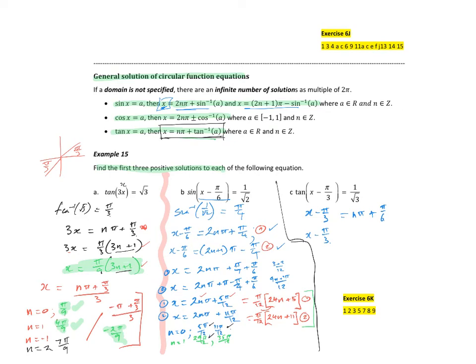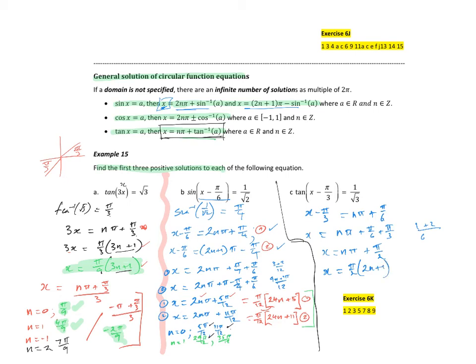So x is equal to n pi plus pi on 6 plus pi on 3. Common denominator, so it becomes 1 plus 2. So we get x is equal to n pi plus 3 pi on 6, which is pi on 2. So x is equal to pi on 2 at the front, 2n plus 1.